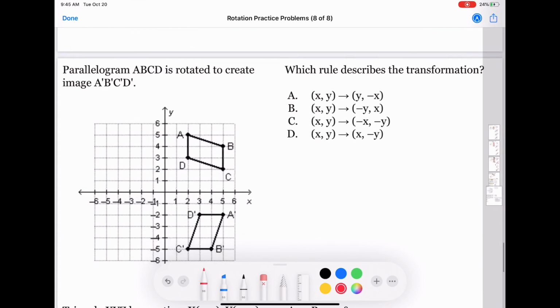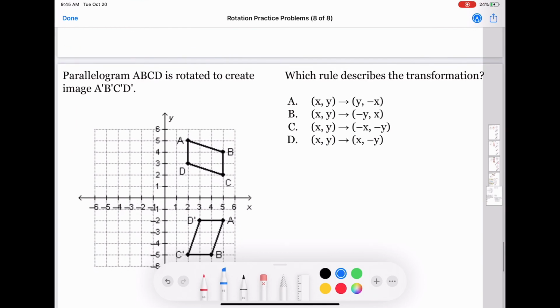Let us now look at our final problem. This problem states parallelogram ABCD is rotated to create the image A', B', C', and D'. We are trying to define which rule describes this transformation. Well, the easiest way to do that is to list out what the coordinates of the pre-image were and what the coordinates of the resulting image were.